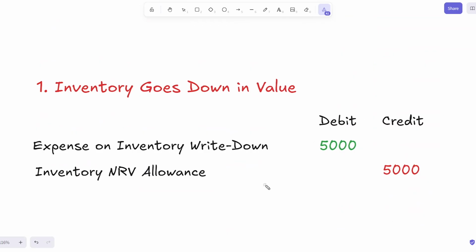And this is where we'll apply this here and take such a journal entry to make sure that we are decreasing inventory by adding this inventory NRV allowance. So this will be a negative account, a credit account, but in presentation on our financial statement is going to be summed with our inventory debit accounts. So it would essentially decrease the value of inventory on our balance sheet.